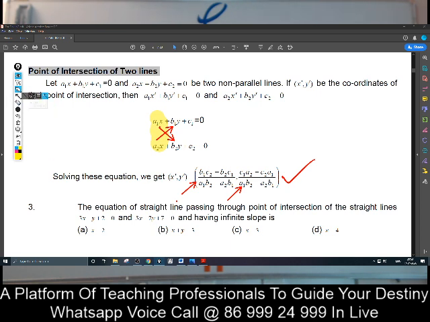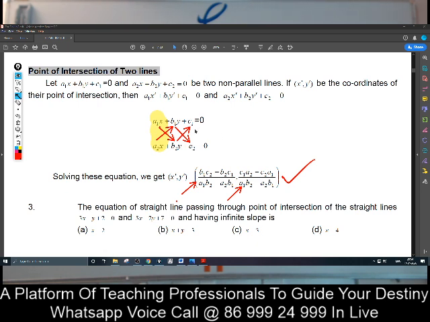Now to write the numerator of x, simply cross multiply the remaining: b1 c2 minus b2 c1. Everyone knows this cross multiplication method, but why am I insisting on this? You can write the answer straight.